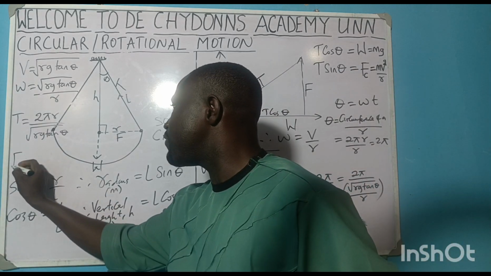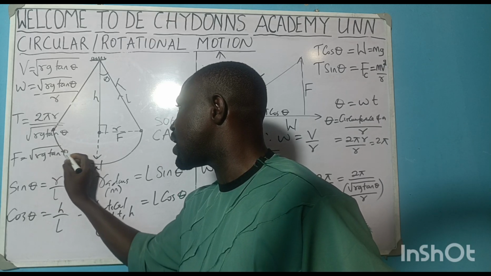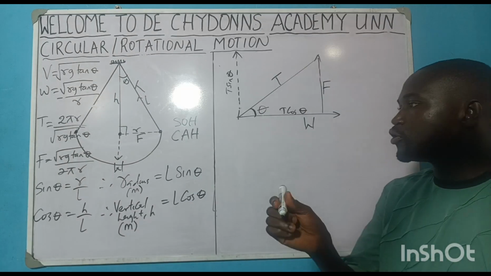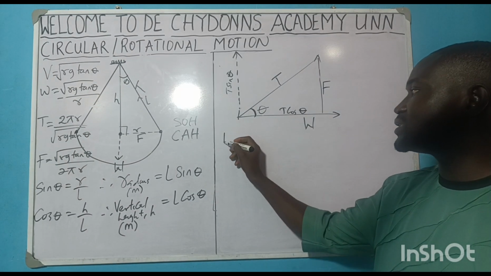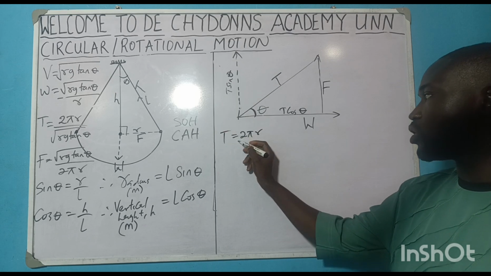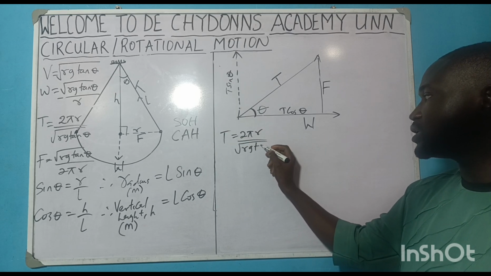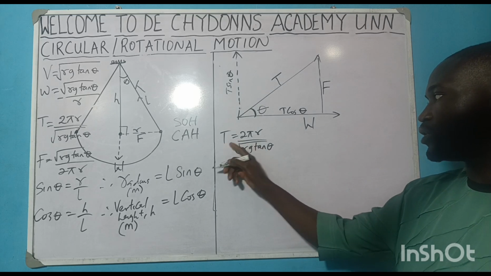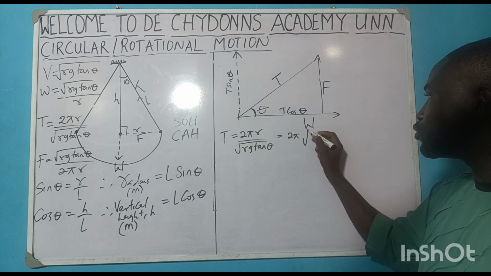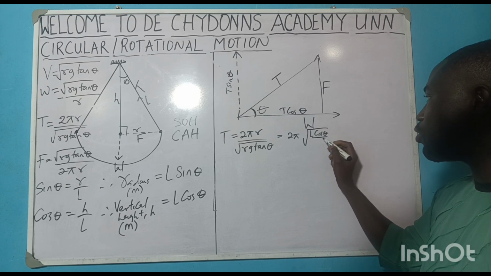So f is equal to square root of rg tan theta all over 2 pi r. Now, do you believe that this T equals 2 pi r all over square root of rg tan theta, that is this period, is equal to 2 pi root L cos theta all over what?